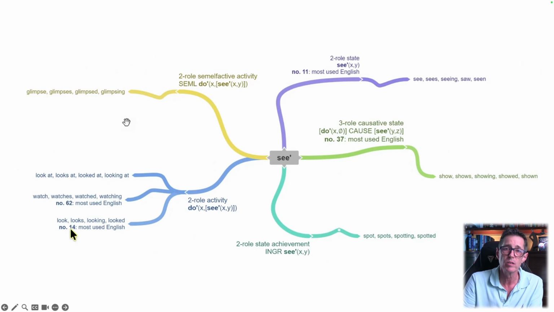The 14th is look, like, I'm looking at something. The 37th most used word in English is show, and the 62nd is watch. And watch as in the predicate watch, not the thing on your wrist. So here we're seeing that the concept of see can be reused and provide massive useful information by just which word you choose.